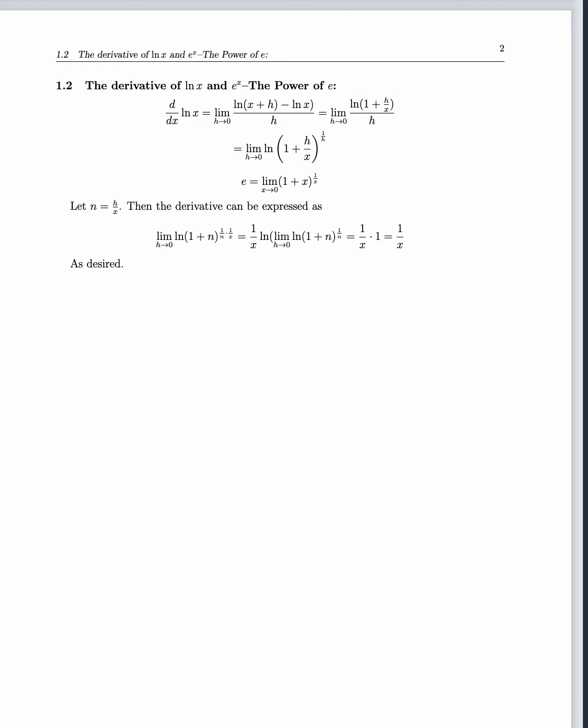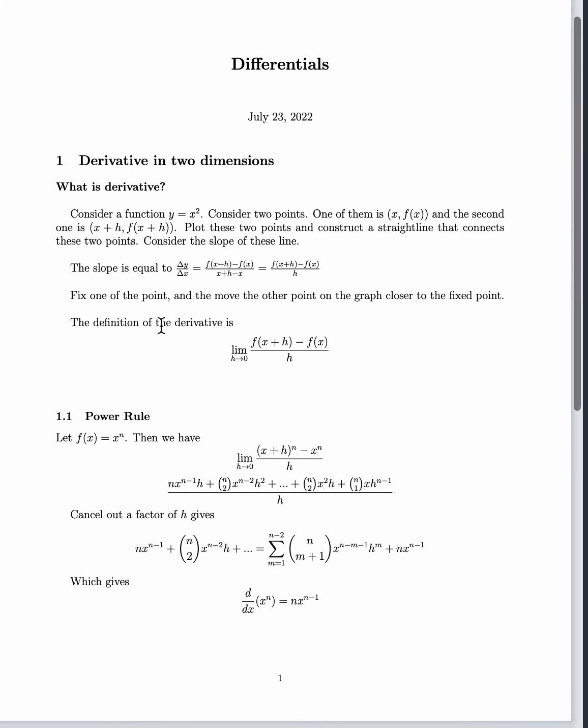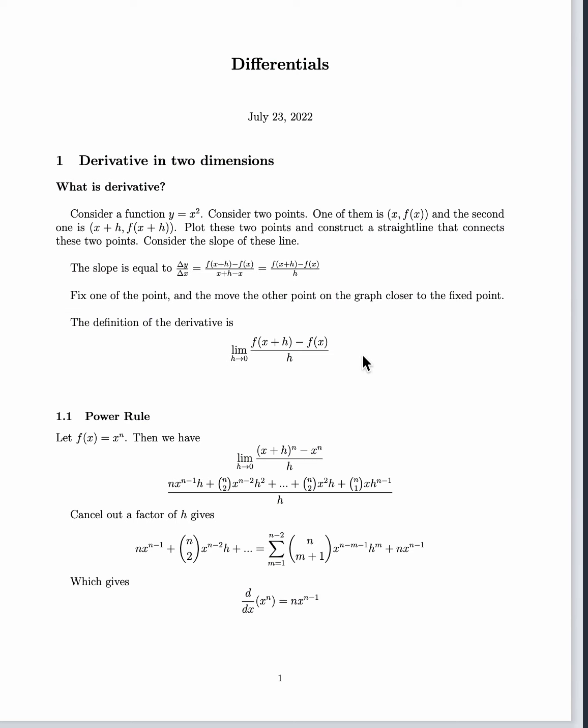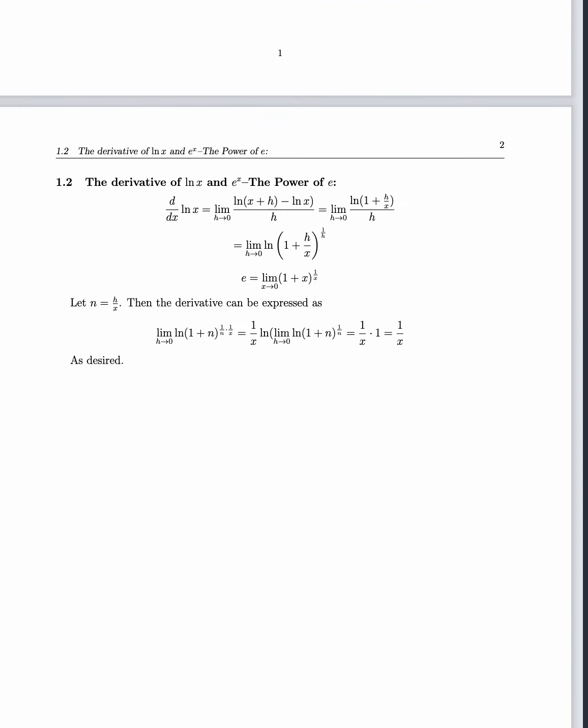What insight can we have with the derivative of ln of x? We don't have to rewrite it with the definition of the derivative every time. Something really interesting is we can first let y equal f of x. This is the first step. Then we can take the natural log of both sides, and then take the derivative of both sides with respect to x.